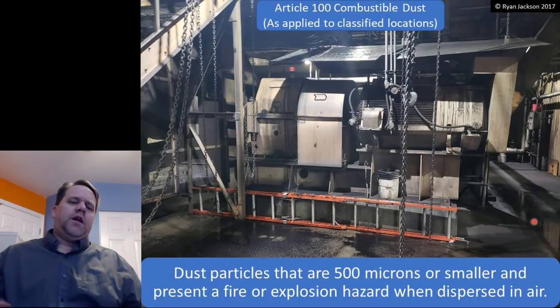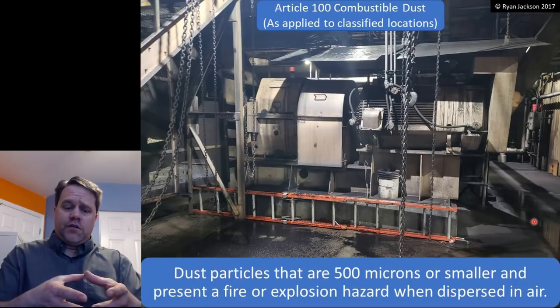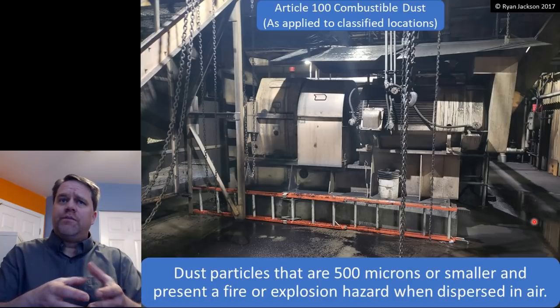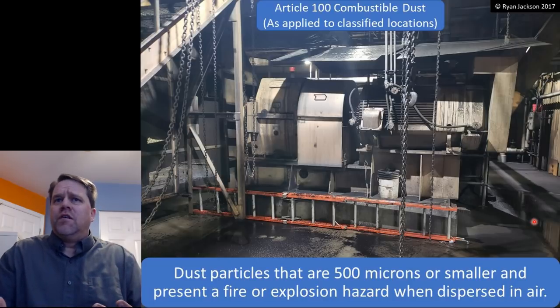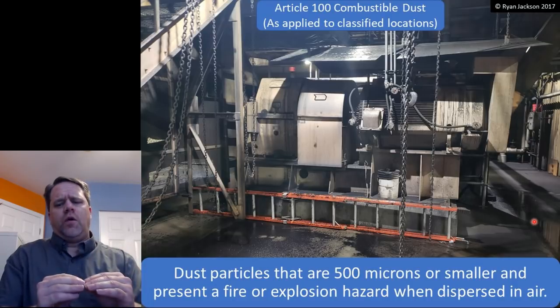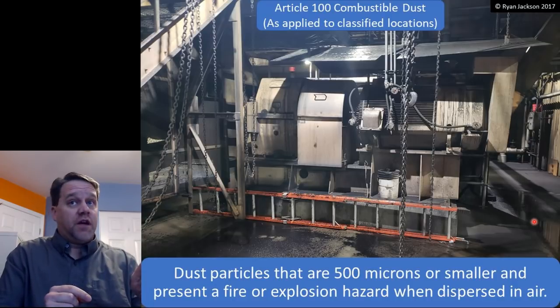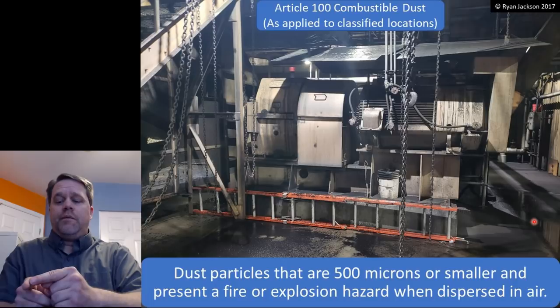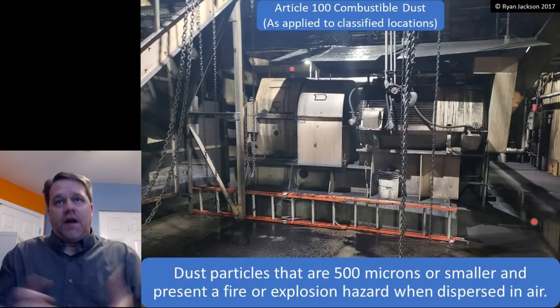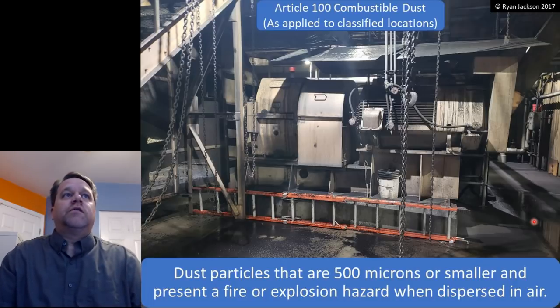If you were to look at coffee grounds in a regular paper coffee filter, that's about 500 microns. So if your combustible dust is in fact combustible and smaller than coffee grounds, then you have yourself a combustible dust.